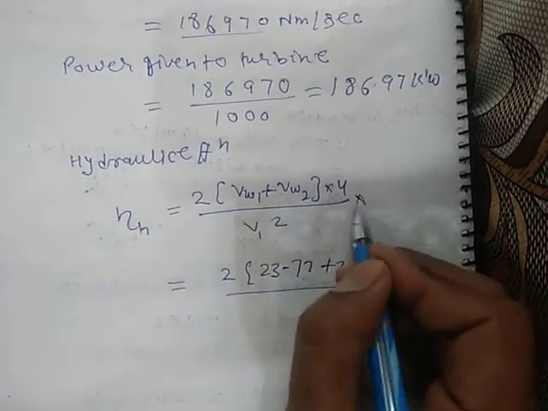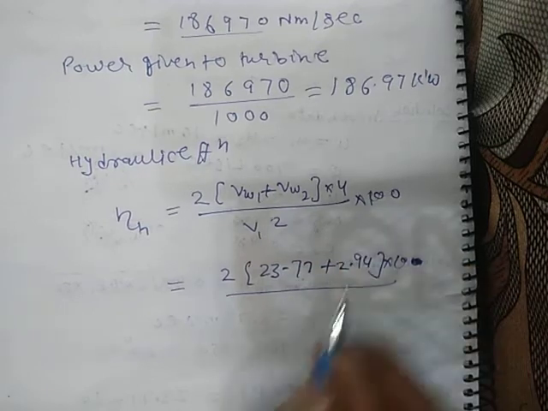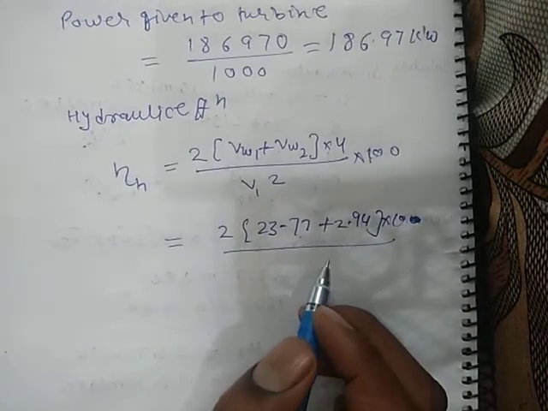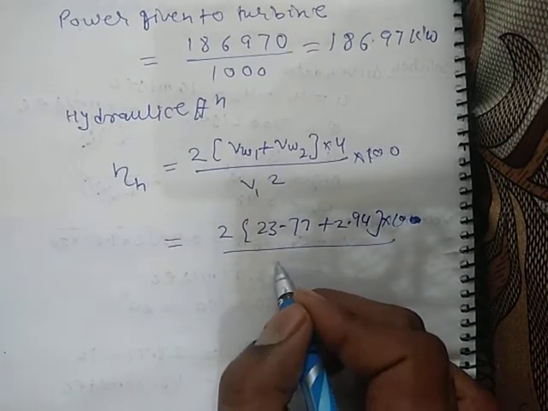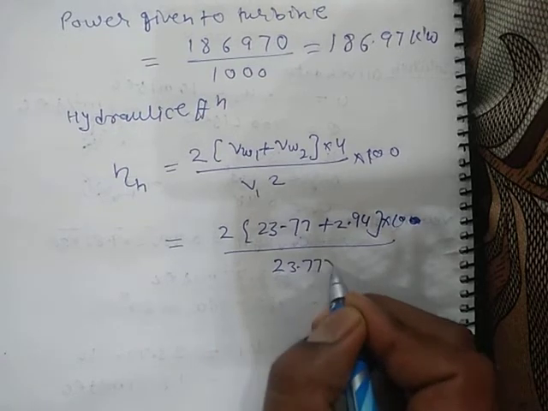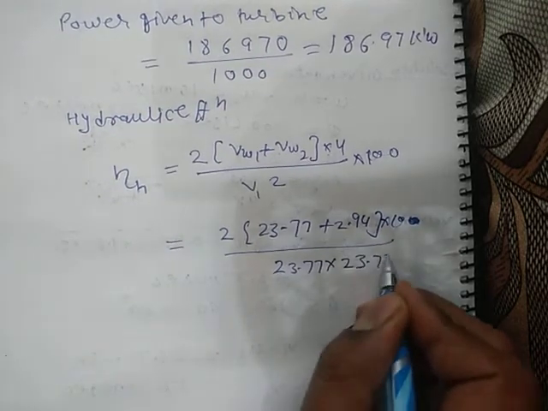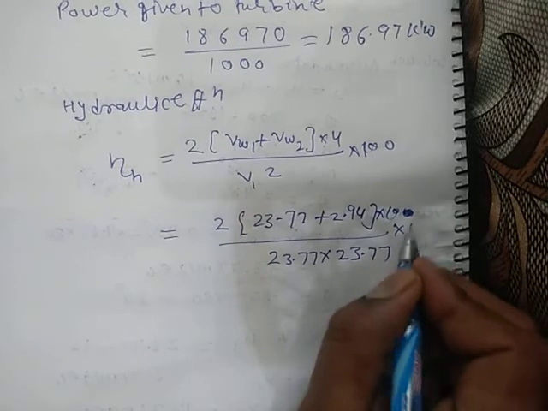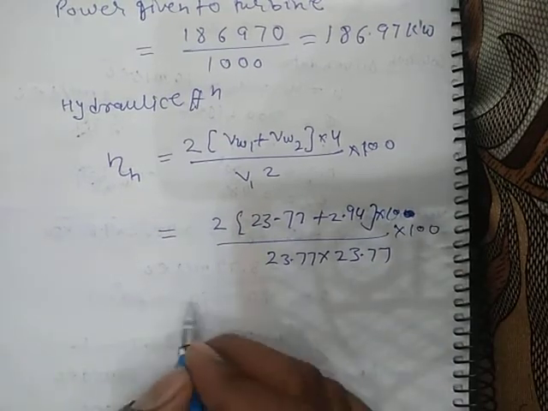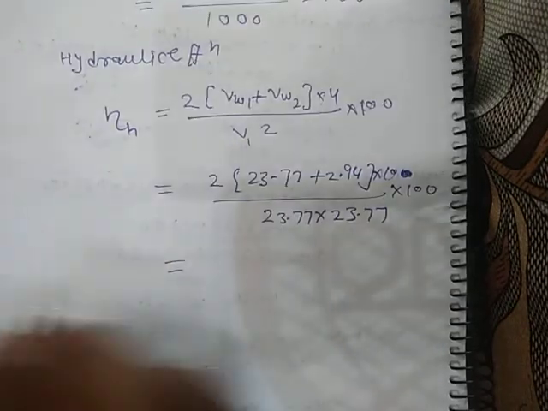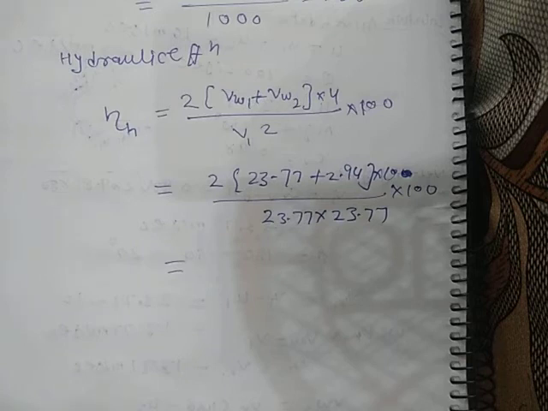You can also multiply by 100 if you want to calculate efficiency in percentage. So the value will be, one second, just wait.